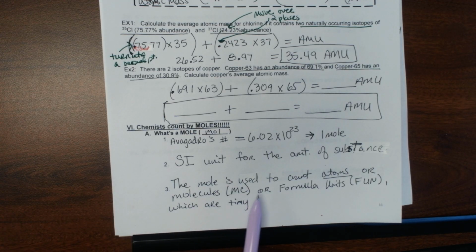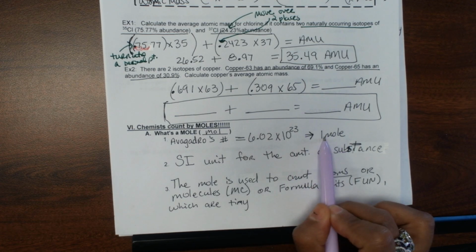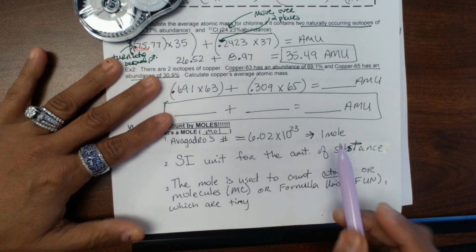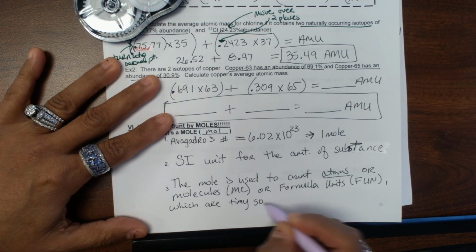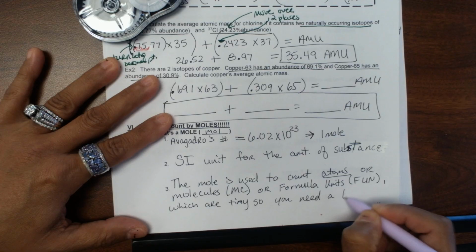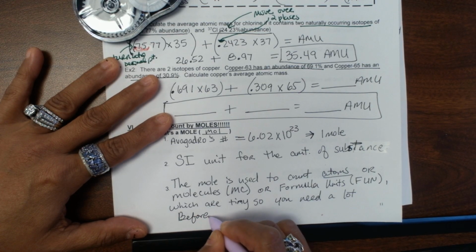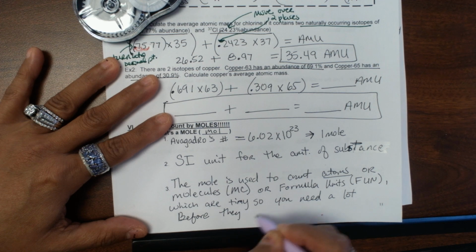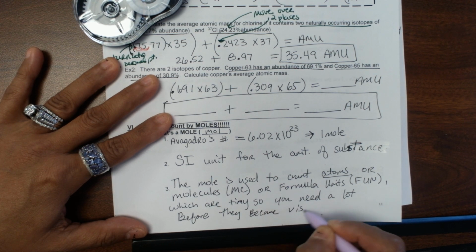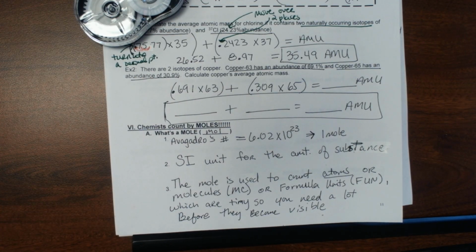They are so tiny, so you need a lot before they become visible, before you can see a piece of gold, before you can see a piece of aluminum.